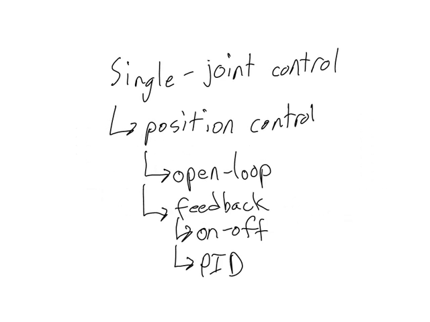In the last videos, we focused on one specific type of feedback control called on-off control. In on-off control, we calculate the error in the position of the motor, and then we decide to either turn the motor on in the forward direction, on in the reverse direction, or off completely based upon the value of the error.